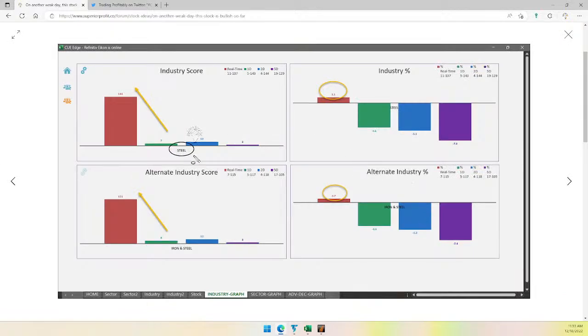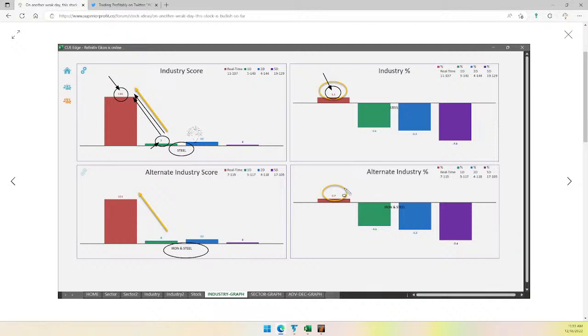The steel industry relative score using Q edge jumped up, a very big jump from 7 to 146, from near the bottom of all industries to near the top of all industries in one day. Huge jump. And though Friday market was bearish, the steel industry itself was up by a non-negligible 1.1%.